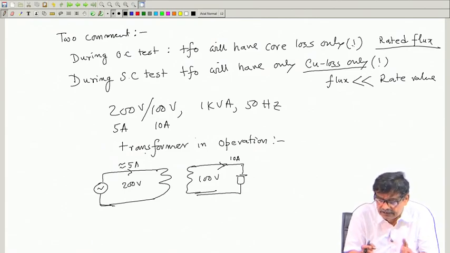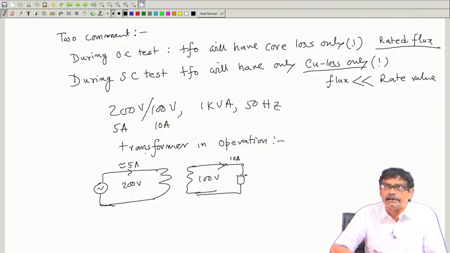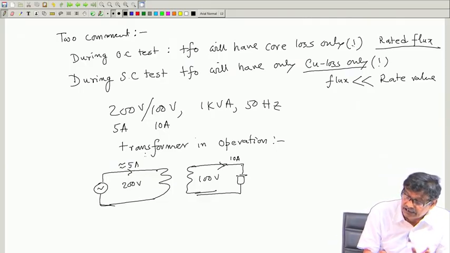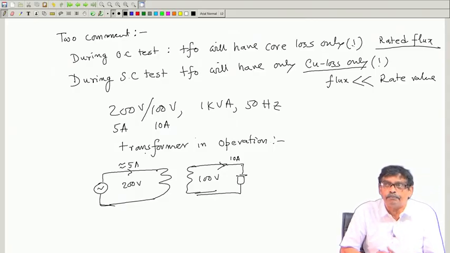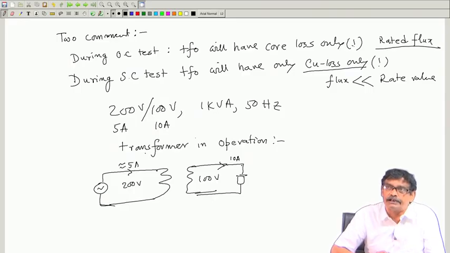Applied voltages are rated on this side and that side, and windings are also carrying rated current. Then only you are really utilizing the transformer properly. This is the transformer in operation. You would like to have this situation prevailing. You have spent so much money to install this transformer to supply the load.